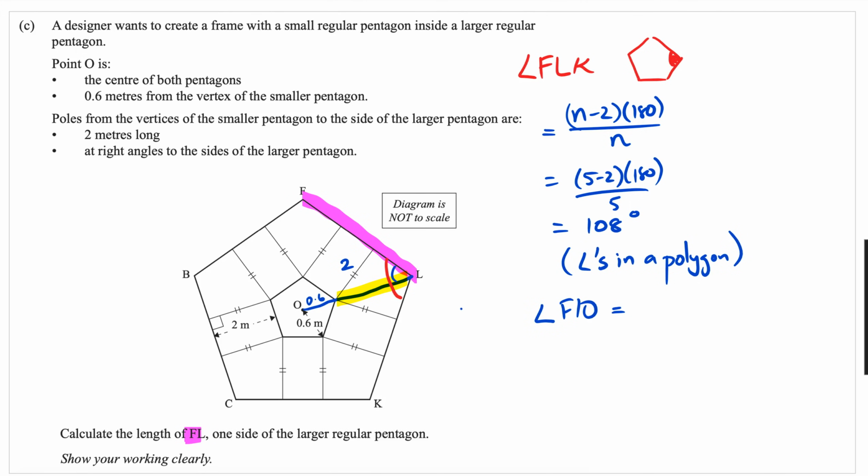Angle FLO is 54 degrees because it's going to be half of that. And I'm going to call this little yellow part that I want to work out, let's call it Y, just because it's yellow.